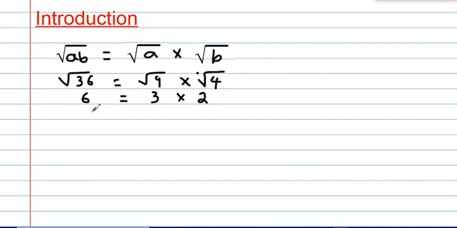So 3 times 2 equals 6. So this rule applies: root AB equals root A times root B. So you can simplify surds by splitting the numbers down. I'll show you in other examples, and this is just an introduction. We're going to be using this rule as we go along. Okay, so let's go.